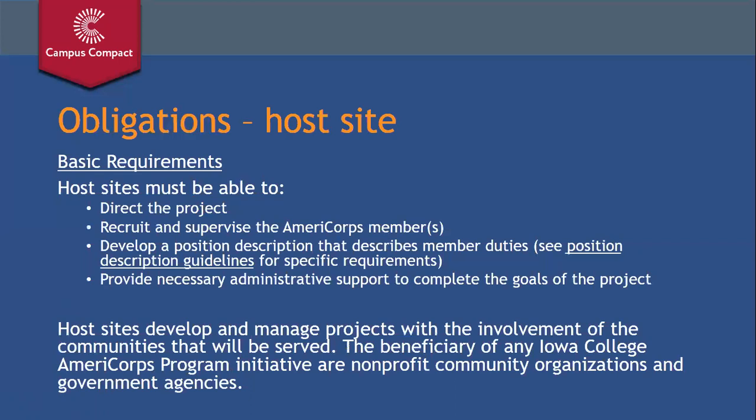You can find those available on the website, and we will go over where those are briefly towards the end of this presentation. And lastly, provide necessary administrative support to complete the goals of the project, and that might be related to collecting and reporting performance measure information, collecting and reporting financial information, or any other administrative support that needs to happen in order to have the project be successful.